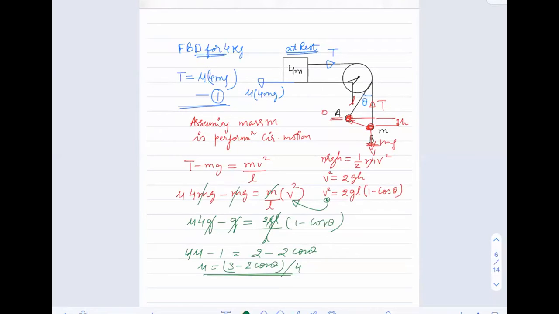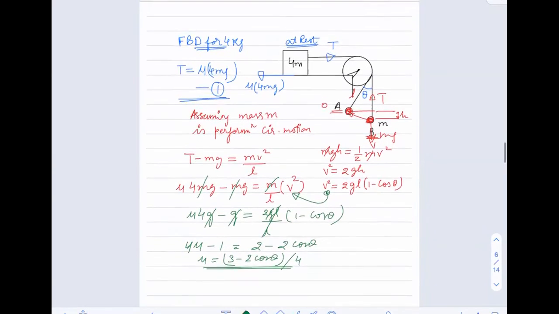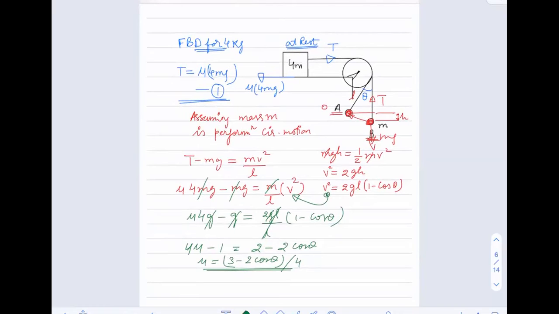Anybody else who got D option? Okay, so this was this one question. You also got it correct, good.